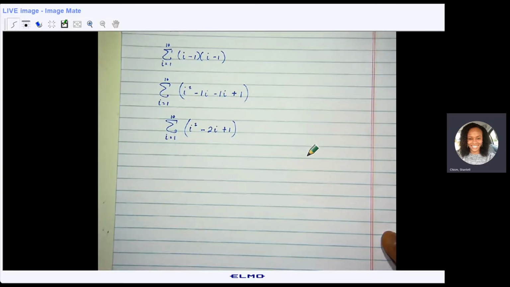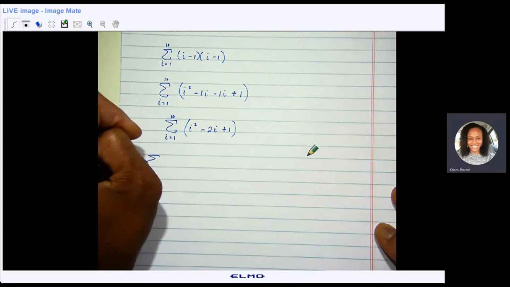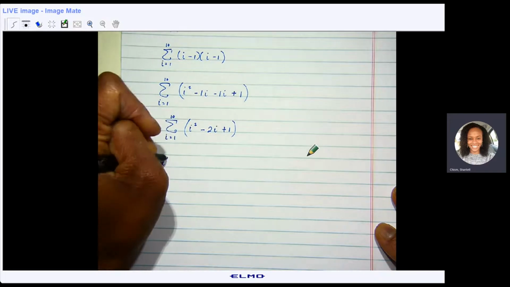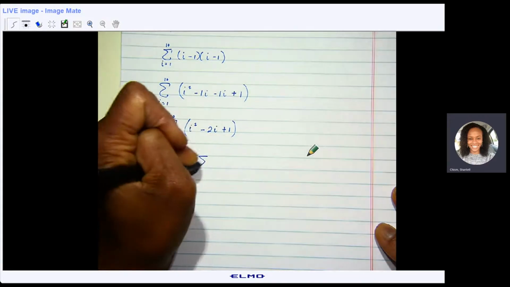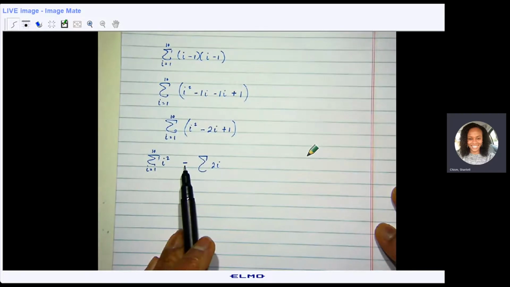All right, now let's separate each term and give each its own summation symbol. So we've got i squared minus, we'll keep the same signs in between the terms.